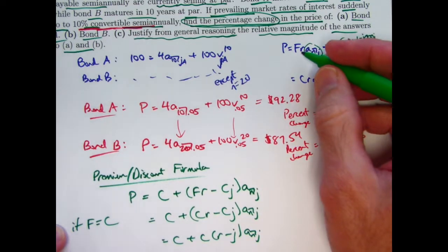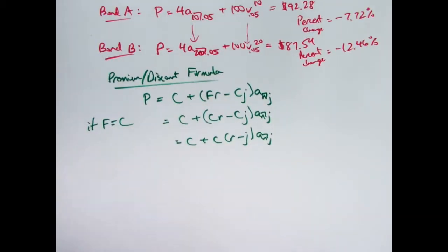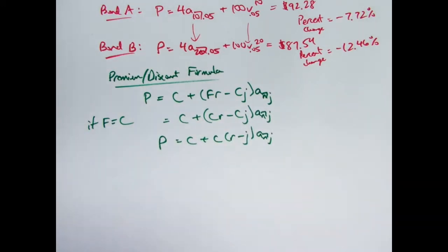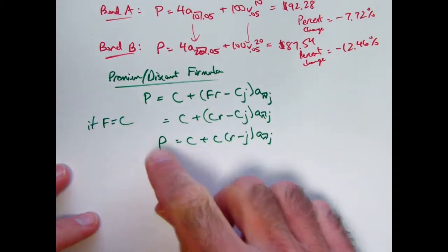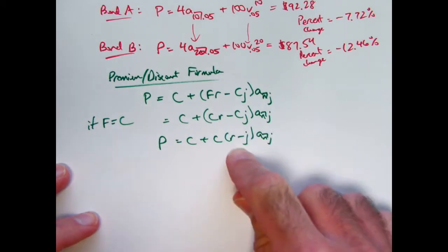Actually, if you don't replace F with C, you get the general formula. So that's an exercise you can do. And once you've done that, it's real easy to see why, when F equals C, as it does here, and when R equals J, the price of the bond is the same as the redemption amount, because that thing is going to be 0.